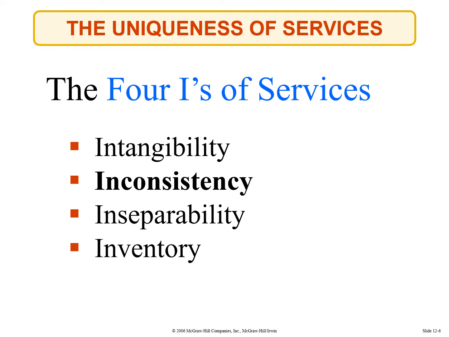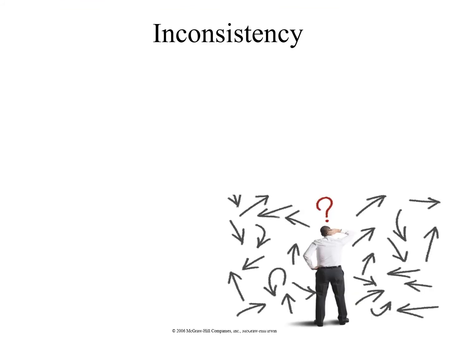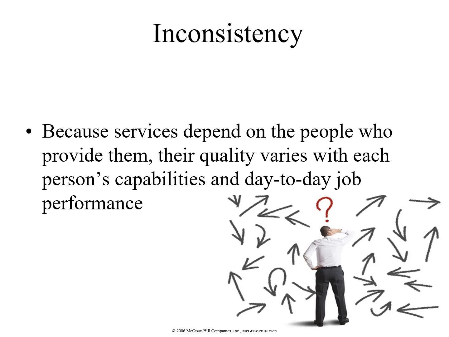The second I is inconsistency. What does that mean? In order to understand that, whenever you talk about services, there are people involved in services, and because services depend on the people who provide them, and because there are people and these are not machines, their quality can vary with each person's capabilities and day-to-day job performance.